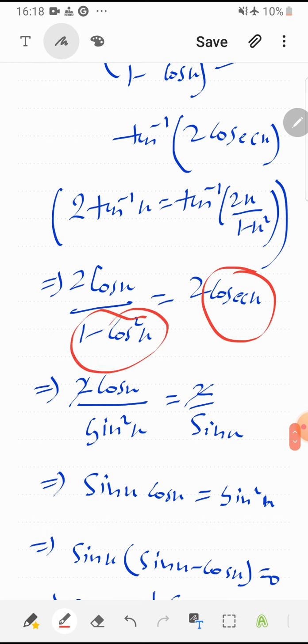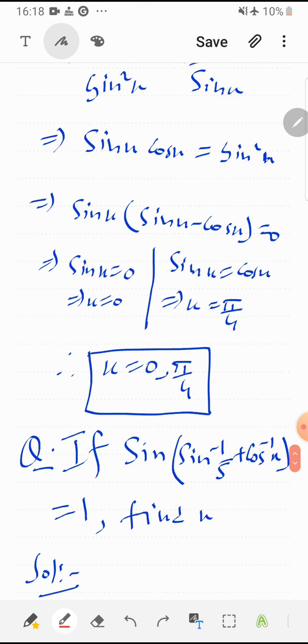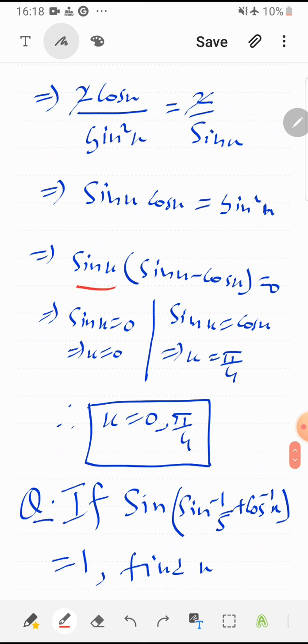I am writing this as sine square x. Then variables should not be cancelled, but constants can be cancelled. So cross multiplication and shifting the term to the left hand side, taking sine common, two results are there: either sine is 0 or this bracket is 0. Sine 0 gives x equal to 0, or otherwise x is equal to pi by 4. So this is the solution for this equation.